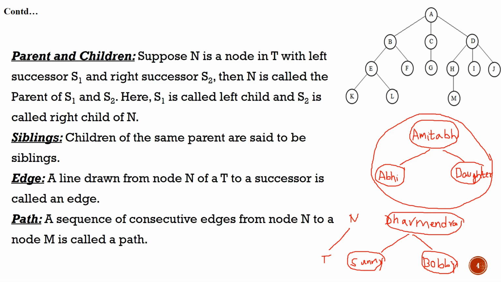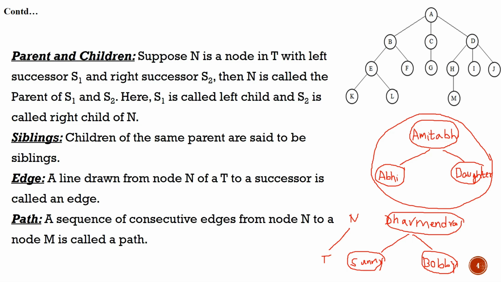That is a line drawn from node N of a tree to its successor. So T is the successor of N. Sunny Deol is the successor of Dharmendra. Bobby Deol is the successor of Dharmendra. That is an edge drawn from Dharmendra to Sunny Deol, or an edge drawn from Dharmendra to Bobby Deol. The line which was drawn, we call it an edge.